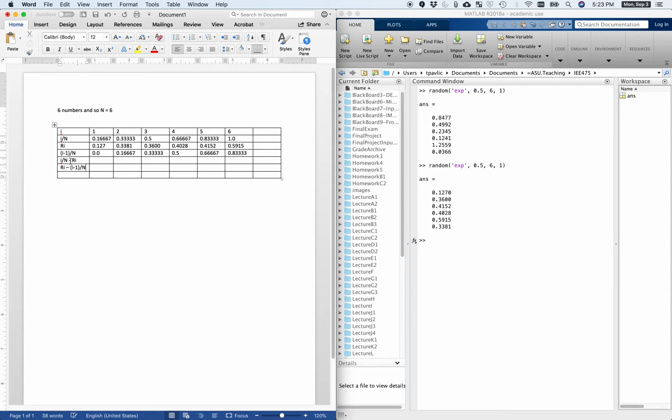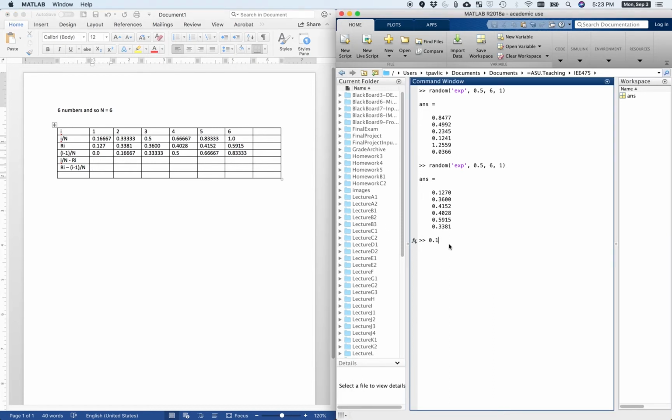All right, so as you can see, what this cell is going to be is the difference between Ri and the top of the bin, and this cell is going to be the difference between Ri and the bottom of the bin. So if I look here, I'll just go over to MATLAB so we all can see this math.